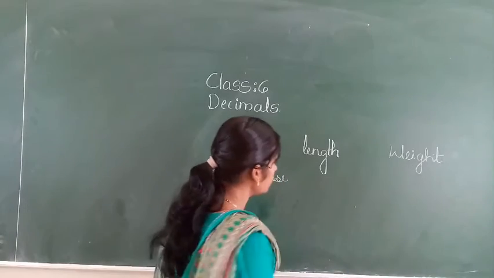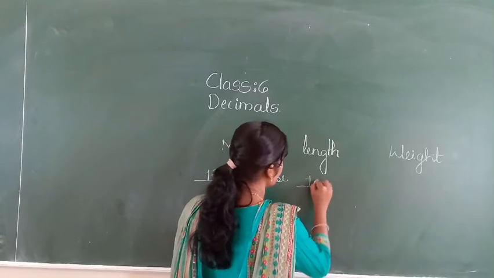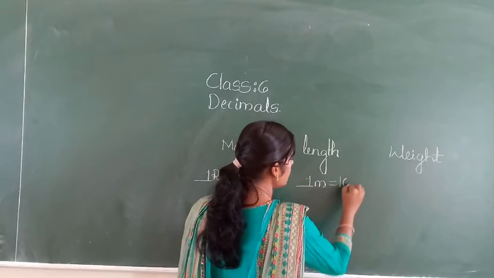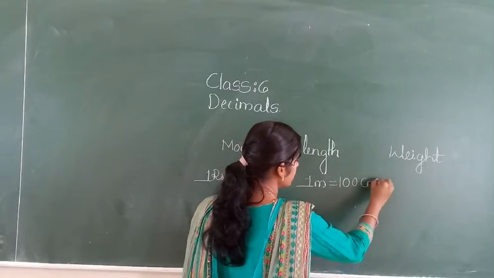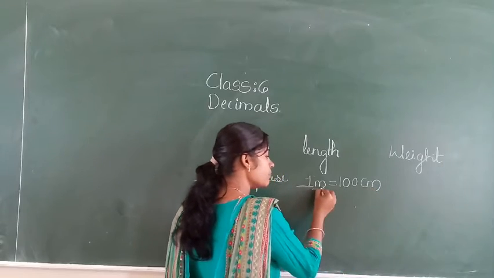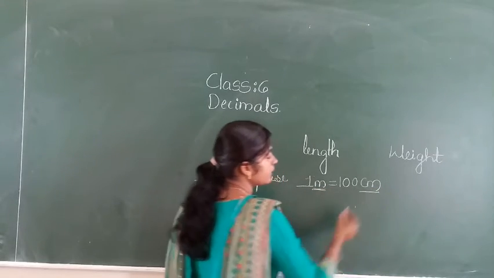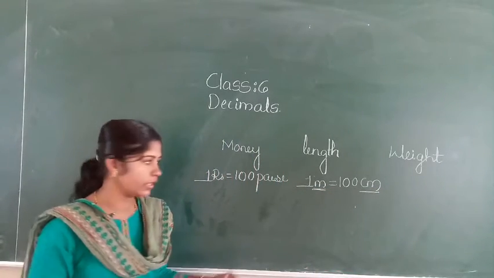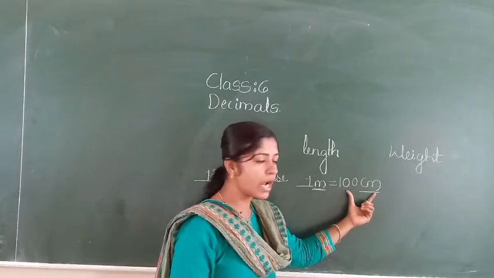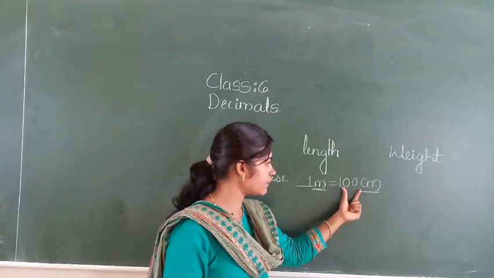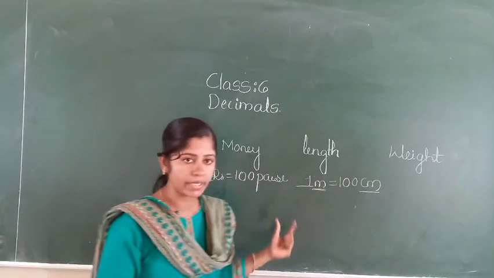Here one more is there: 1 meter is equal to 100 centimeter. Meter is a bigger unit and centimeter is a smaller unit. 100 centimeter means 1 meter.